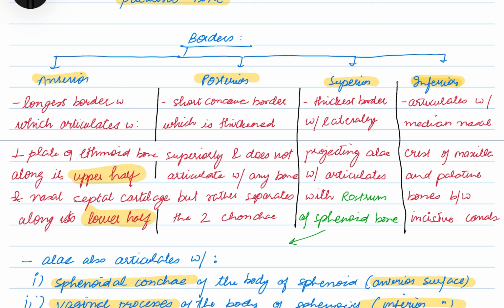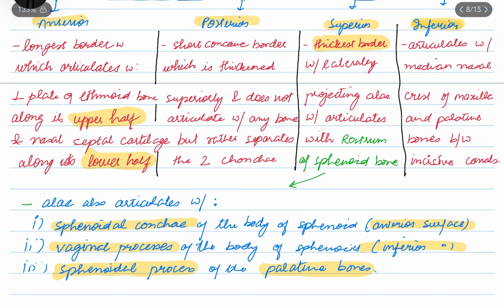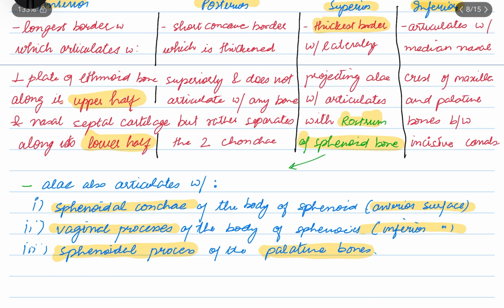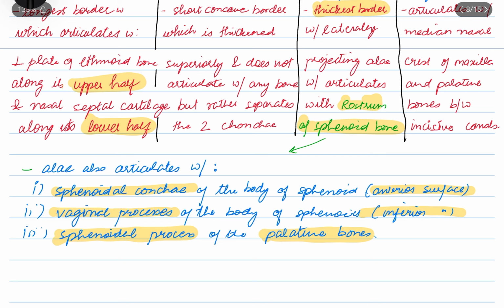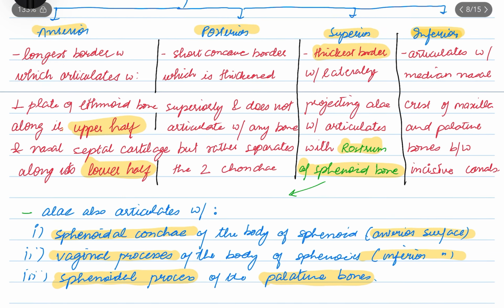The superior border is the thickest border, with a laterally projecting ala which articulates with the rostrum of the sphenoid bone, and it also articulates with the sphenoidal conchae of the body of the sphenoid from the anterior surface, the vaginal processes of the body of the sphenoid from the inferior surface, and the sphenoidal process of the palatine bones. So this was about the superior border.